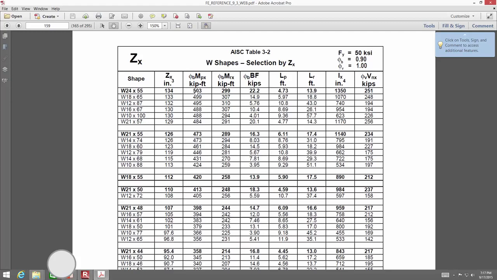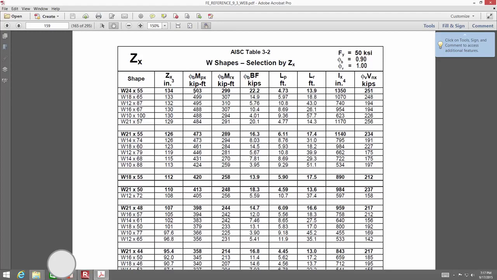Now, if you notice, each of these columns are sort of grouped. And notice how the top line is bolded. Y'all remember what that bold line means in a group? It's the lightest section in that group. Like if I take the second group down, I've got a W10 by 88, W14 by 68, and so on and so forth.